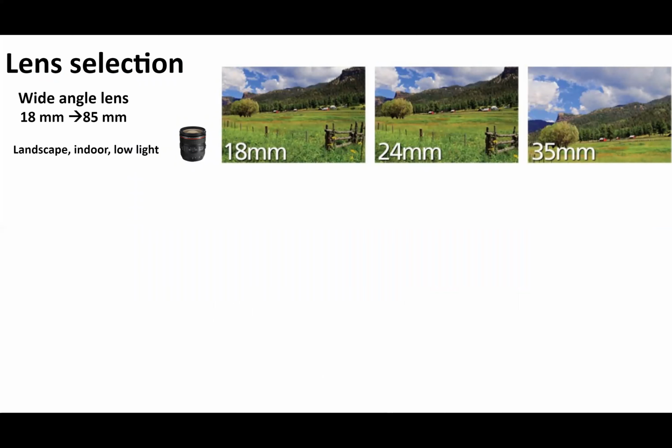Just to give you an idea of some lens selection, this is a wide angle lens. So it's used for landscape, indoor, and low light. And you could see it goes from this range to a pretty wide range here.